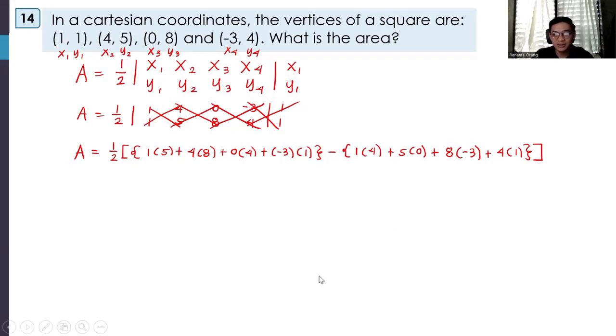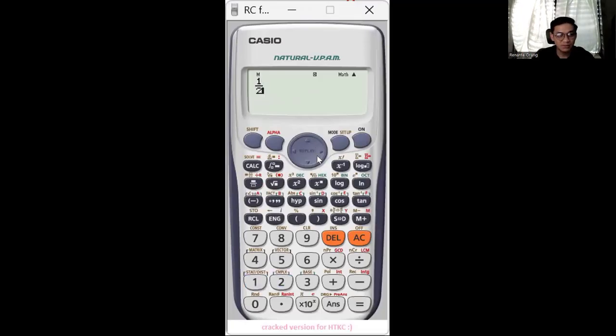Input natin sa calculator. We have 1/2, open parenthesis, 1 times 5 plus 4 times 8 plus 0 times 4 plus negative 3 times 1, close parenthesis, minus, open parenthesis, 1 times 4 plus 5 times 0 plus 8 times negative 3 plus 4 times 1, close parenthesis, close parenthesis, close parenthesis.